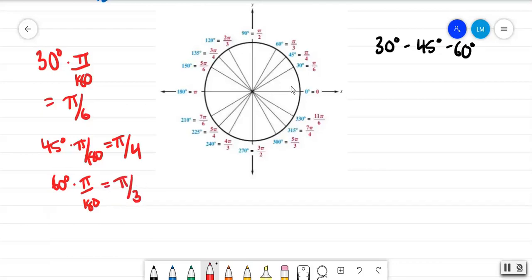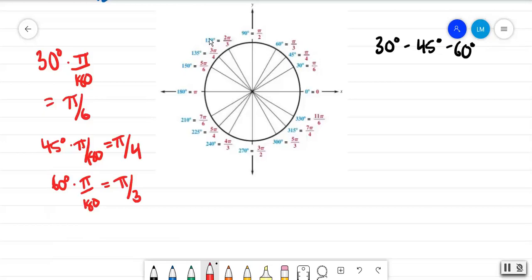Now, from there, what the textbook really suggests is that you draw these measurements like 120, 135, 150, 180, and so on. You can either look at it as multiples of pi, or you can look at it as multiples of these reference angles.